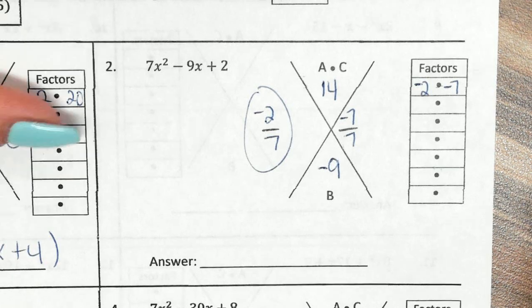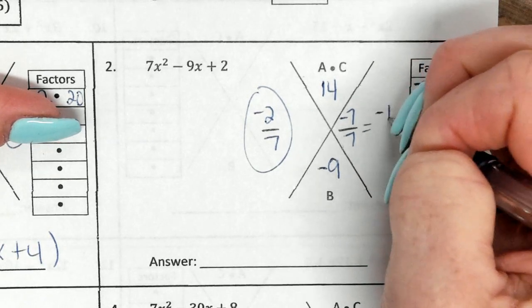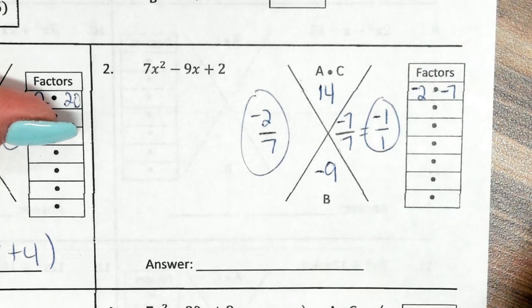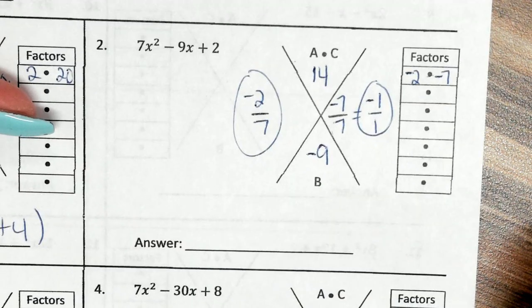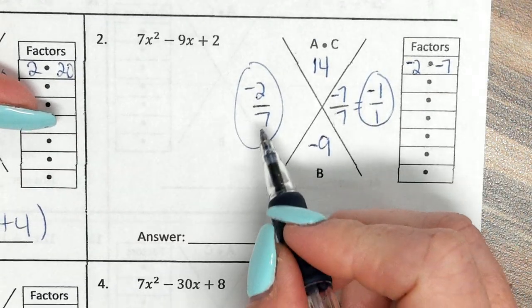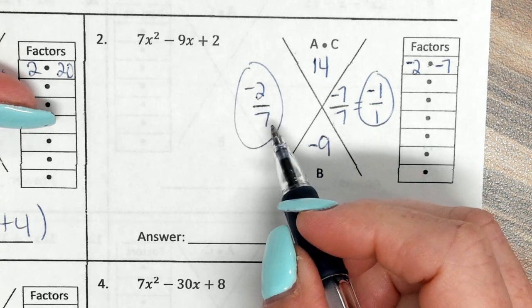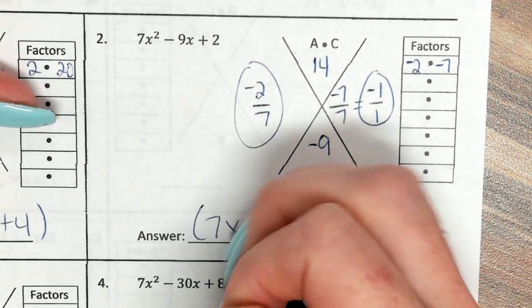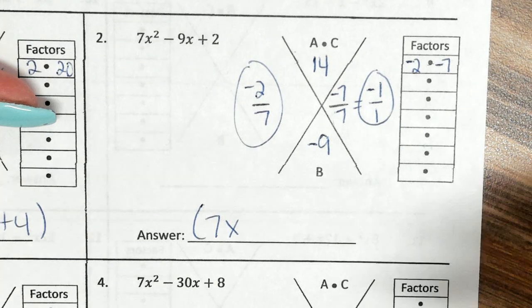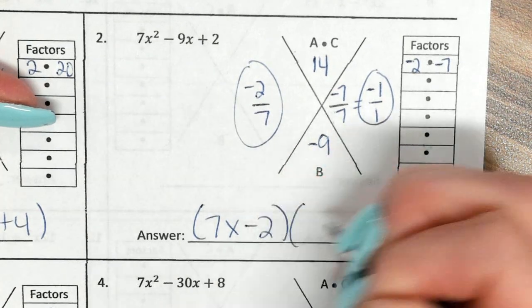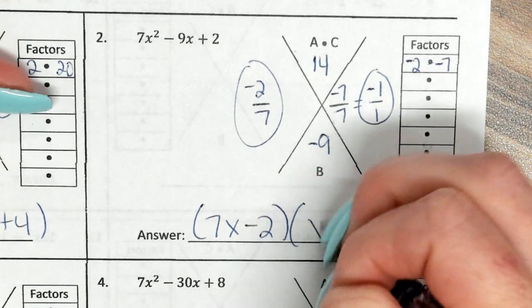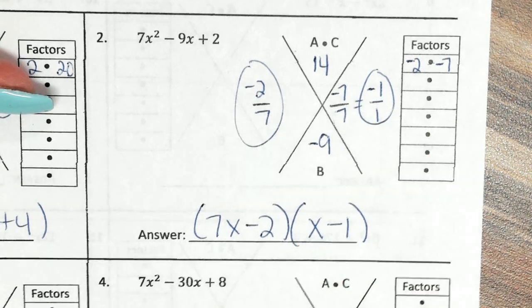No. So I have negative 1 over 1. Bottoms up. Which one of these gets the x? So I have 7x plus 2 or minus 2? Minus 2 times 1x, or just x minus 1.